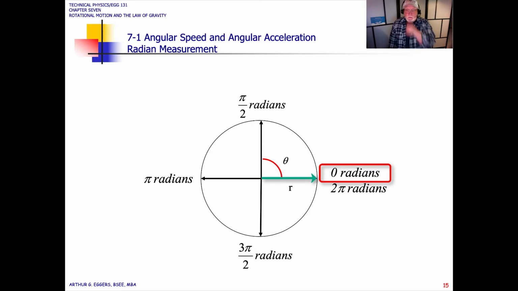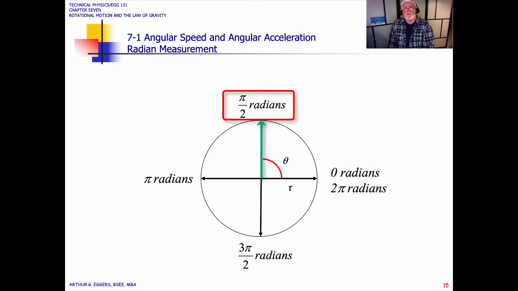Now the next thing we want to do is move the radius, the clock hand, if you will, through 90 degrees. So in this case, when we move the clock hand straight up, we are at pi over 2 radians.